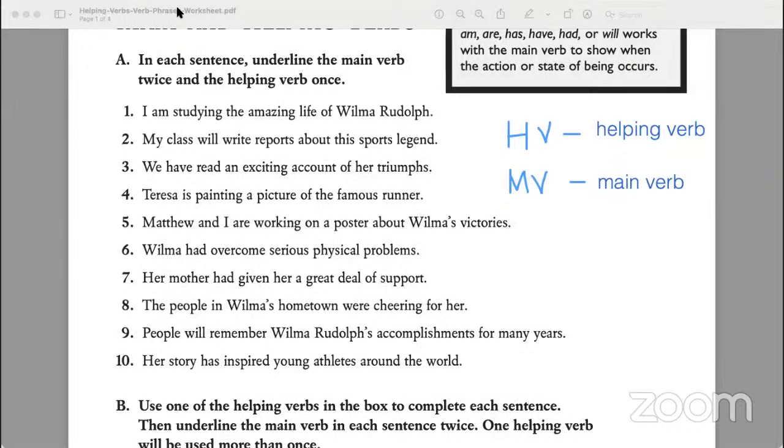I am studying the amazing life of Wilma Rudolph. Where is the helping verb in this sentence?